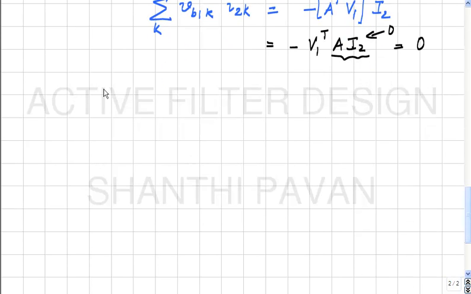You find that if two networks have the same graph, then the sum over k of V1k(s) times I2k(s) must be equal to 0. This is over. Does it make sense?